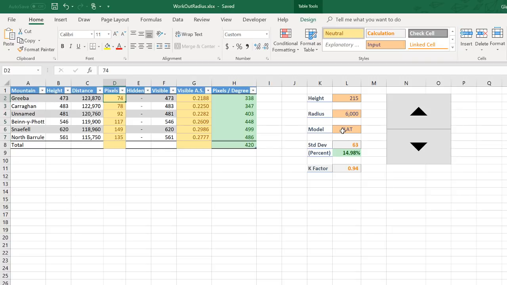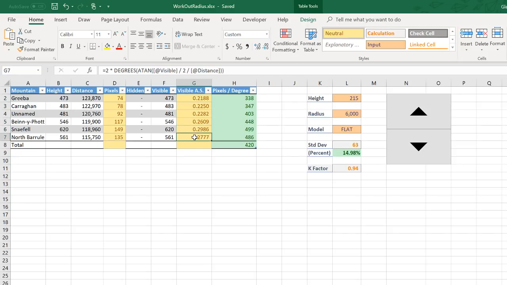Currently we're looking at a flat Earth model, so there is no hidden amount, and that would mean that all of the mountain is visible. So plugging those numbers in, 473 meters tall at a distance of 124 kilometers gives a visible angular size of 0.2188 degrees. And I've done that for each peak.